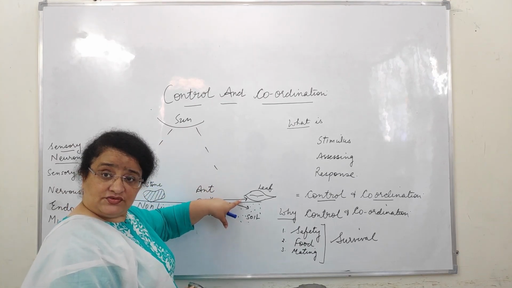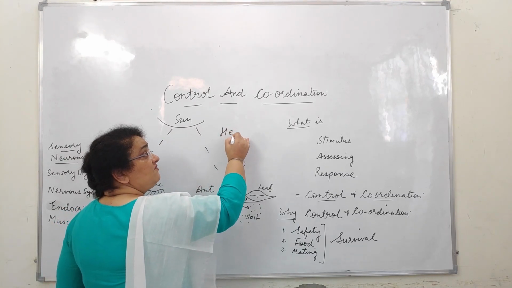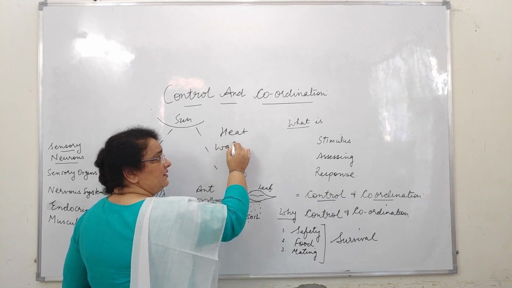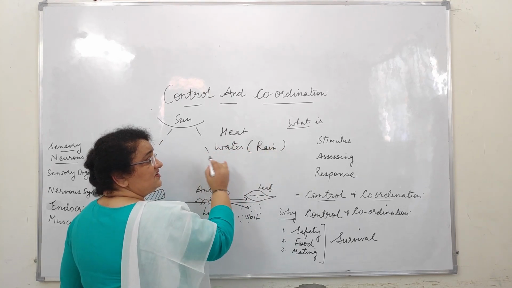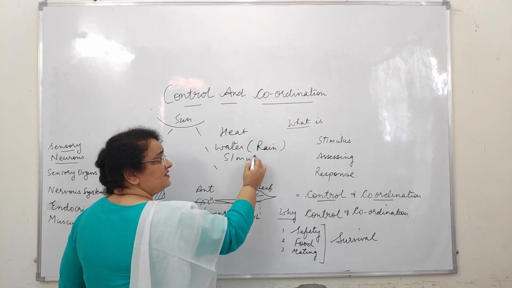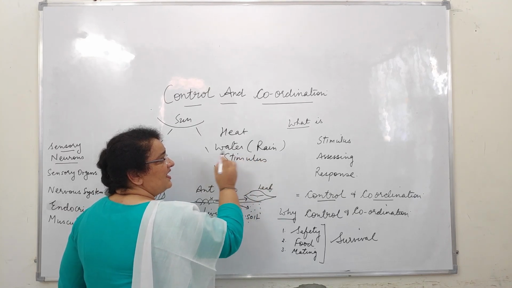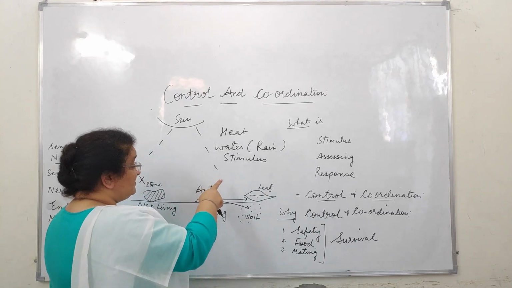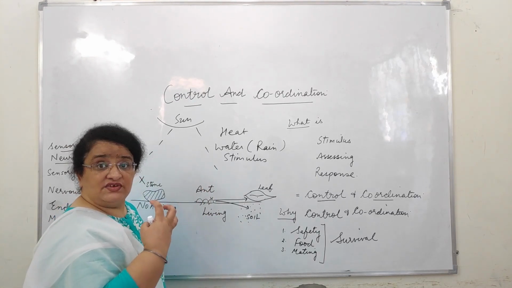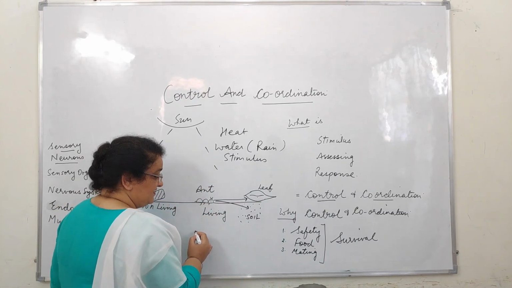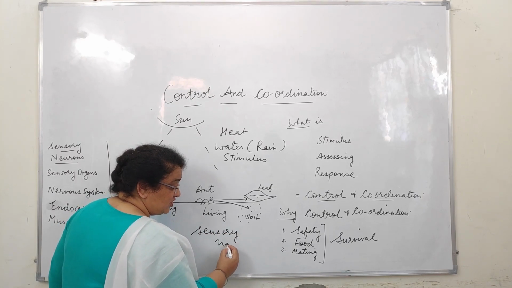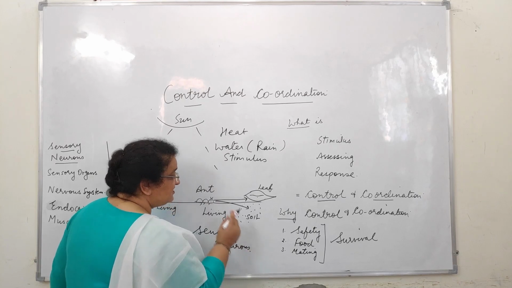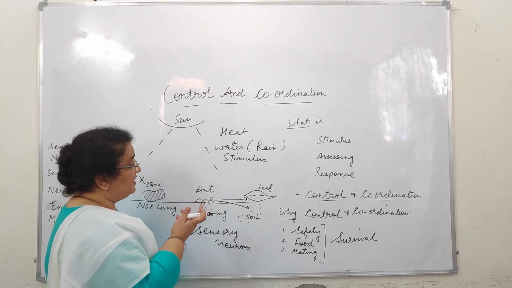This heat, and even the water from the rain, acted as a stimulus. It means the ant perceived it with the help of some sensory organs, with the help of some sensory neurons, which are present in its skin or in its body.